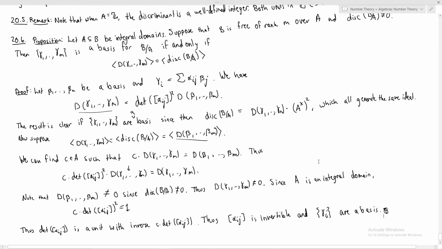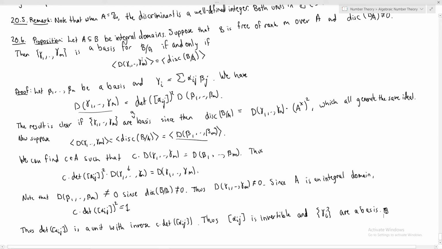Okay, so how do we summarize what just happened, and what's the takeaway here? So what just happened, one direction was pretty easy just based on the definition of the discriminant. It's a little confusing, but if you're careful then it makes sense.